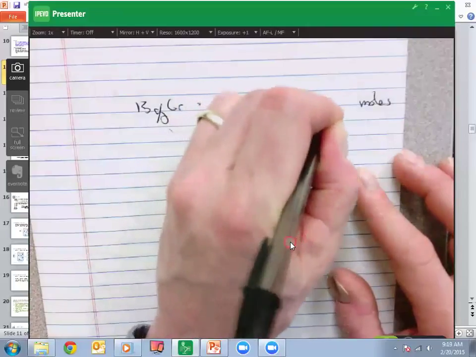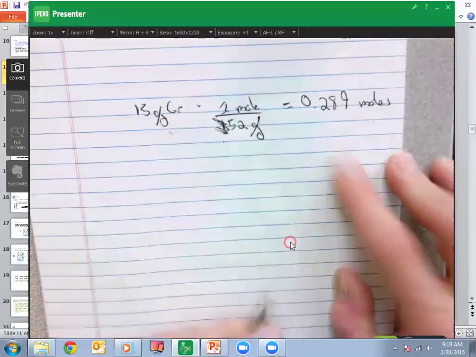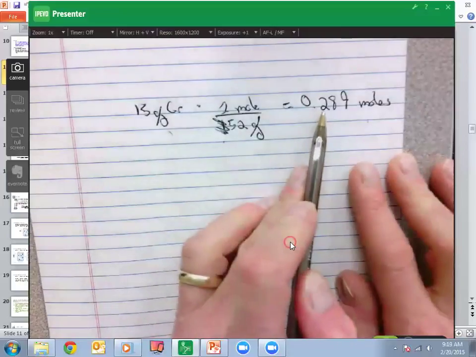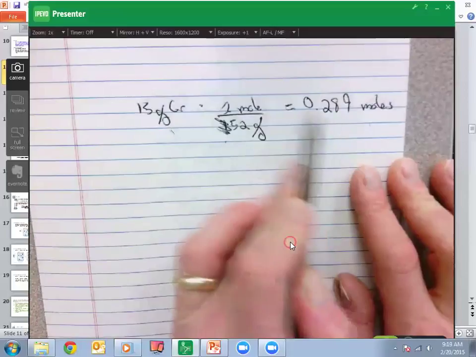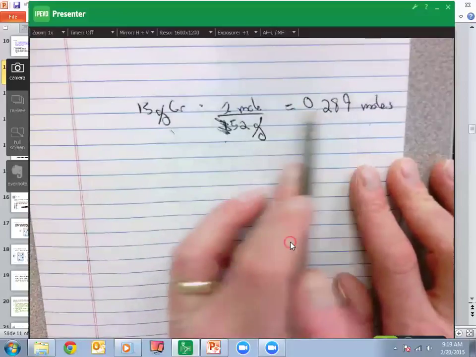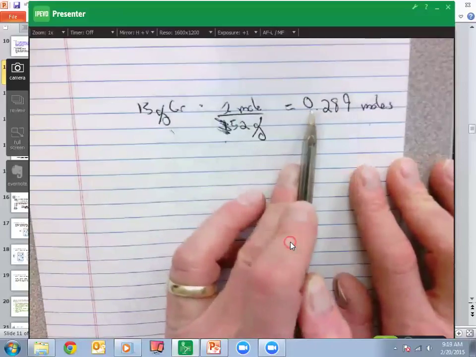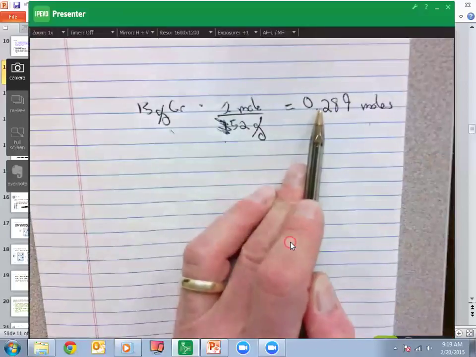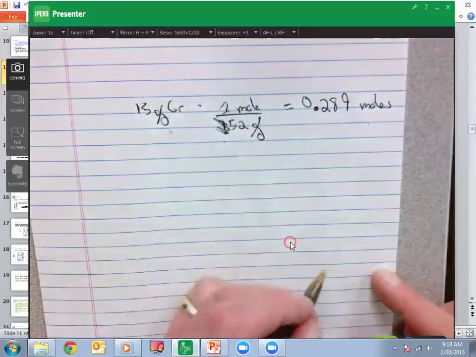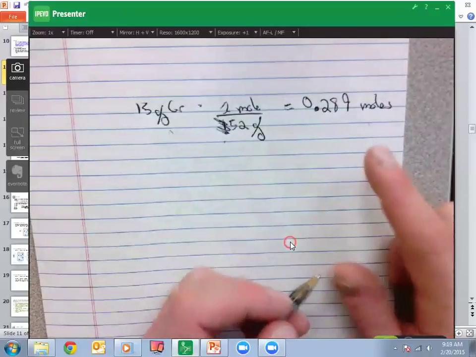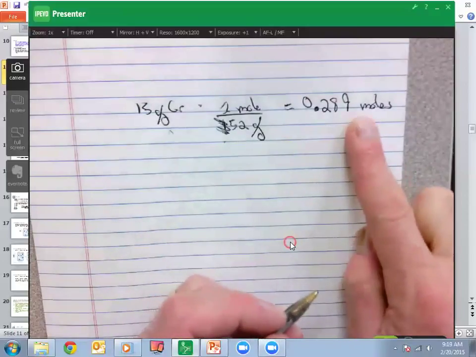0.289. Okay, she's got 3 sig figs in that number. Notice I said 0.289, as I'll be barking at you in the lab to always say 0.289, because that's what we do as chemists to keep track of that decimal point. It might seem redundant or ridiculous, but we do.